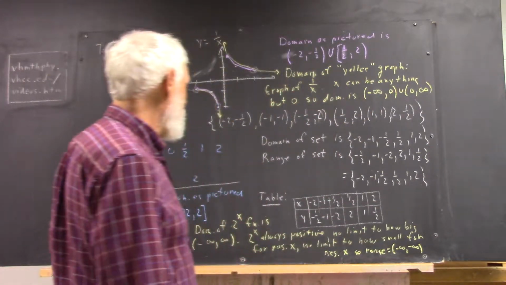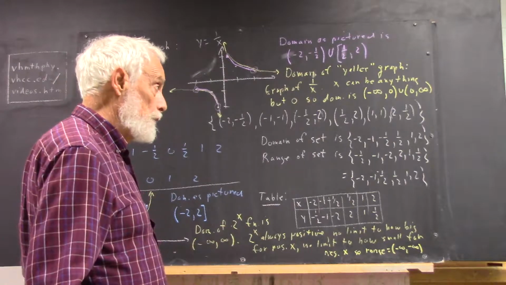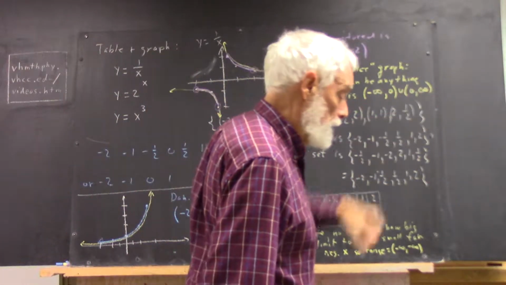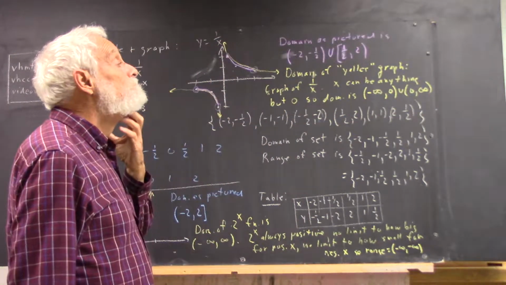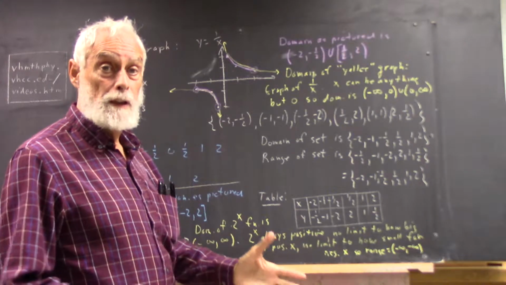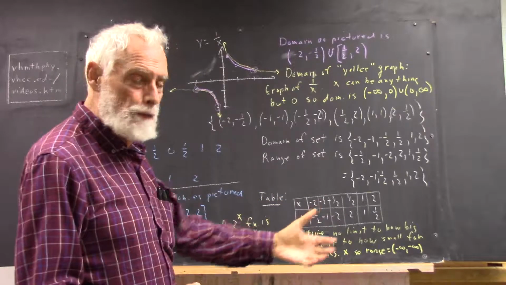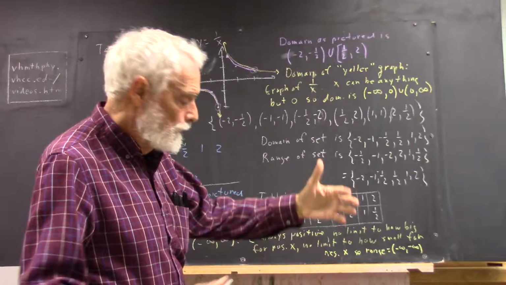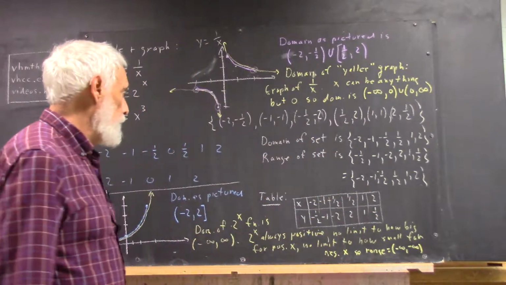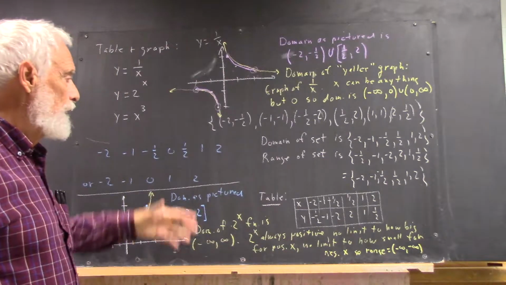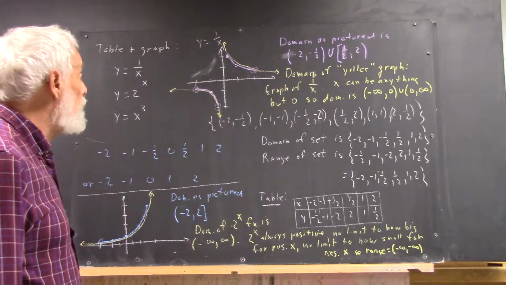We go as far as we want, we never get to infinity, so we can't include -infinity or infinity in our domain. -infinity and infinity are not real numbers. They are things that we can approach, but we don't reach. So they're outside the domain of real numbers.